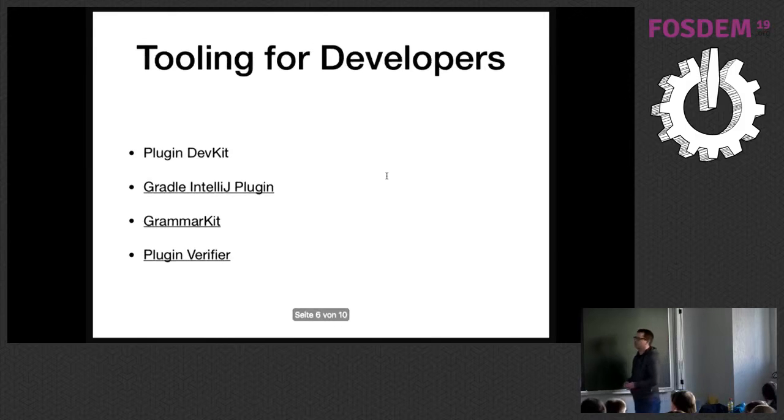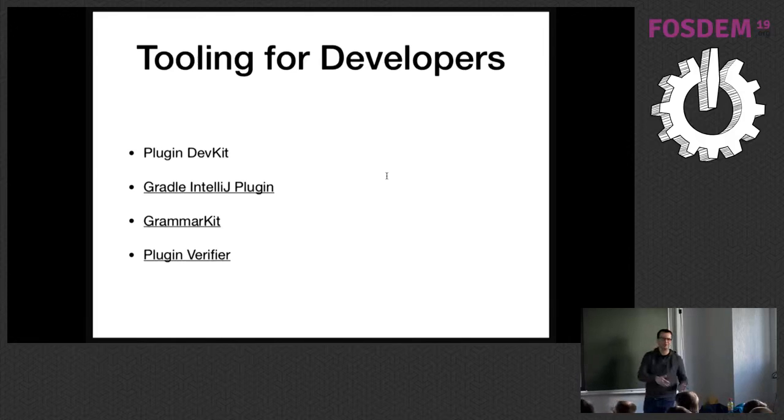So now we come to the interesting developing parts. These are the points I want to show you today. So the Plugin Development Kit is, of course, a plugin in IntelliJ, which helps you write plugins in IntelliJ. The Gradle IntelliJ plugin is actually a plugin for the Gradle build system, which helps you write plugins for IntelliJ. So you can use Gradle, and we highly recommend doing so now.